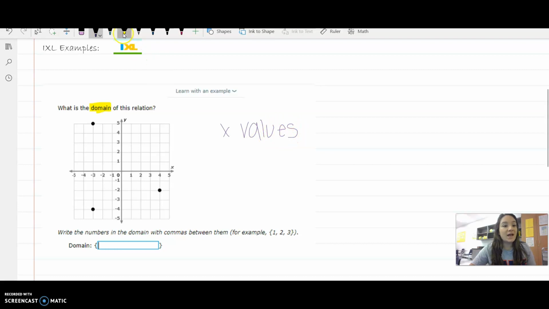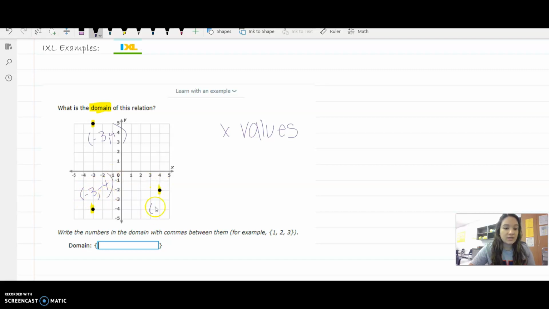What that means is I have to look at all these points that they put on my graph, and figure out what the X values are. All right, so let's just look. This point right here is -3, +4. This point right here is -3, -4.